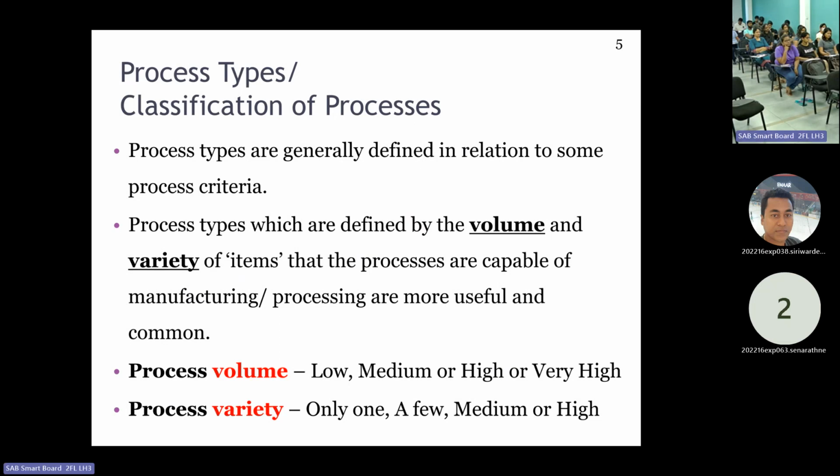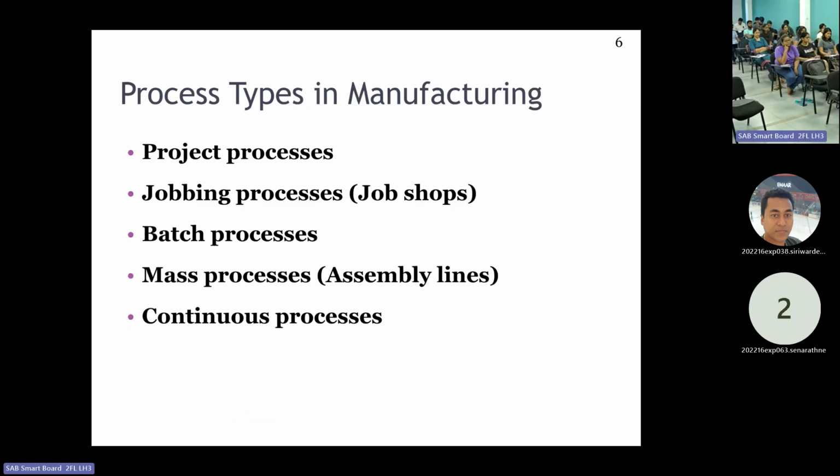So what are the two criteria we use to classify processes? Two process capabilities: one is process volume, and the other is process variety. Accordingly, we can identify basically these 5 process types for manufacturing.